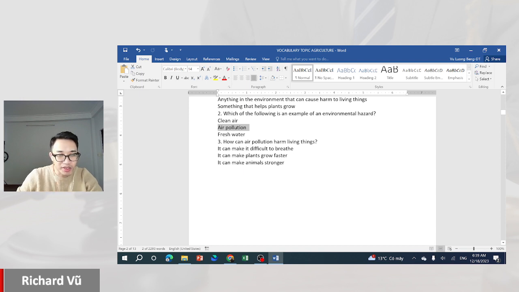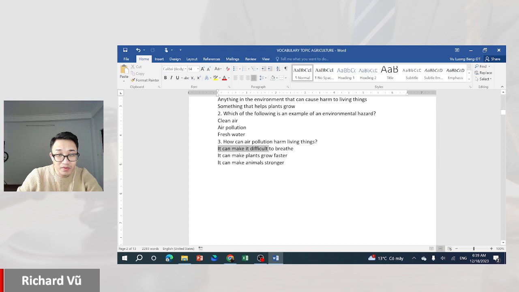The next question. How can air pollution harm living things? It can make it difficult to breathe. It can make plants grow faster. It can make animals stronger. Which option is the correct one?